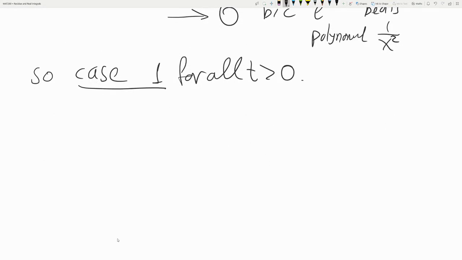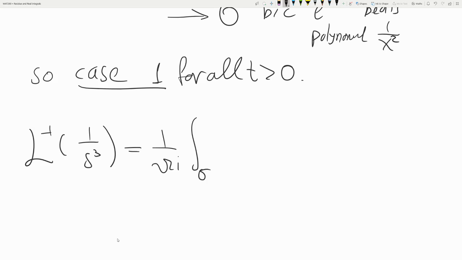It means that the inverse Laplace of 1 over s cubed is given by this formula, 1 over 2 pi i, integral at sigma, of e to the zt over z cubed dz. The pole is at 0, so we can pick sigma to be 1.